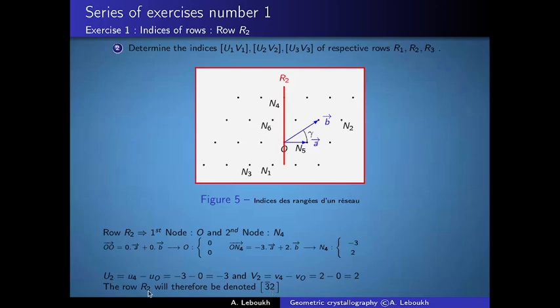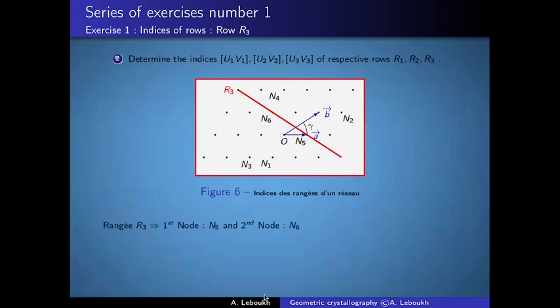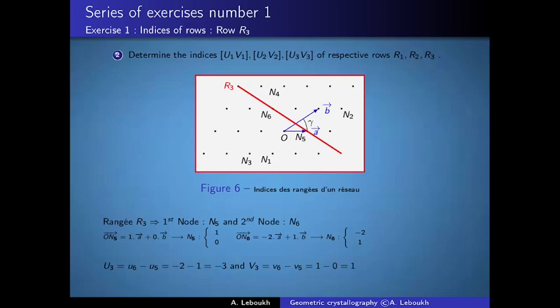And the row R2 is denoted [-3,2] within brackets. For the row R3, we take the first node N5 and the second node N6. And we calculate U3 equal to minus 3 and V3 equal to 1. The row R3 will therefore be denoted [-3,1] or [3bar 1] within brackets.